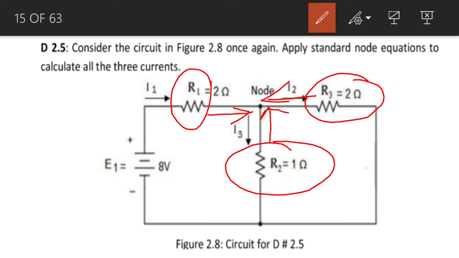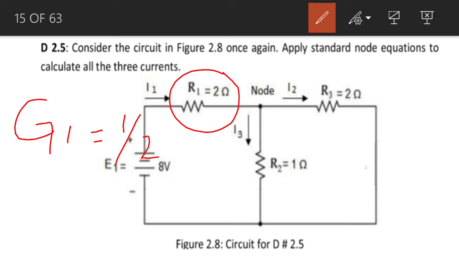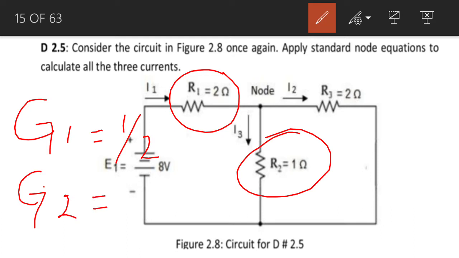We calculate the conductance of the resistor R1, which is represented by G1, and G1 will be equal to 1 by 2. We compute the conductance of R2, which is represented by G2, and G2 will be equal to 1 by 1.